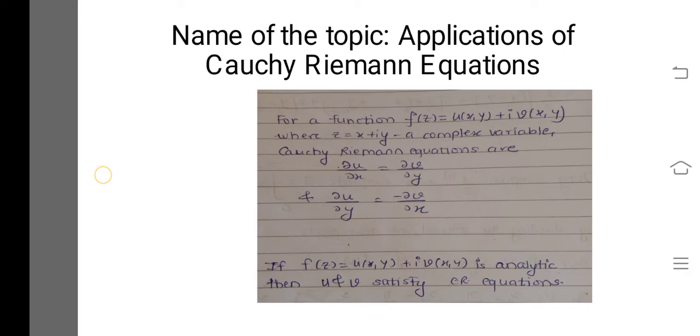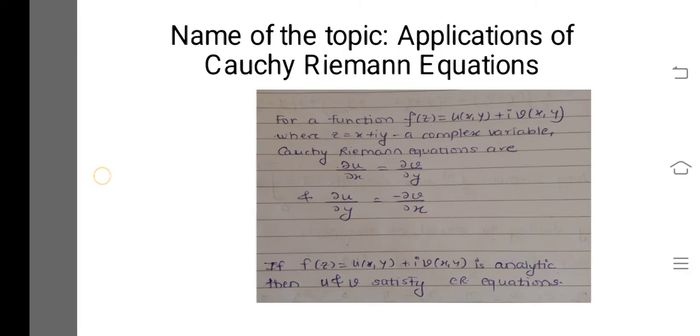If f(z) equal to u plus iv is an analytic function, then u and v both satisfy CR equations.